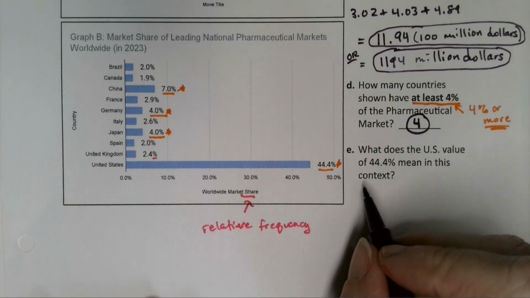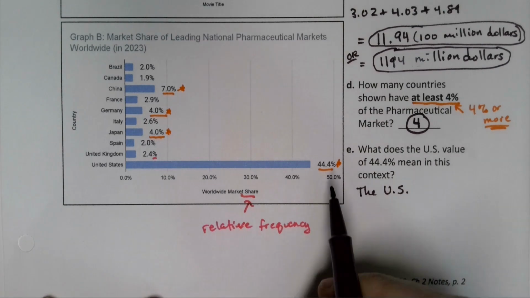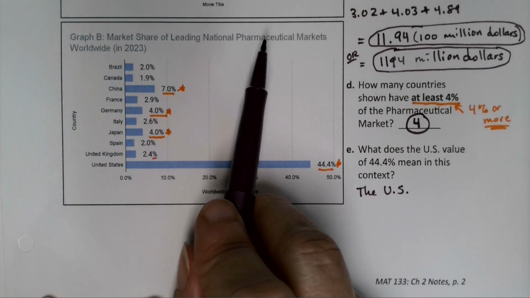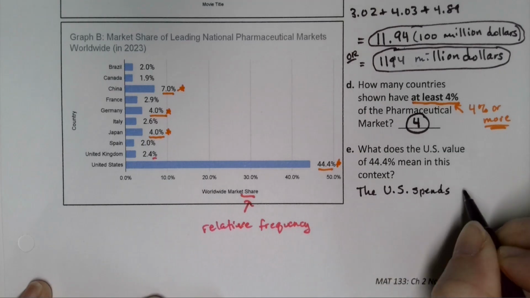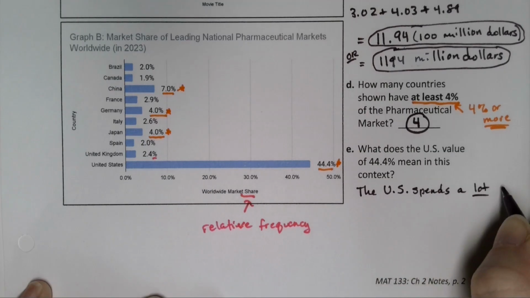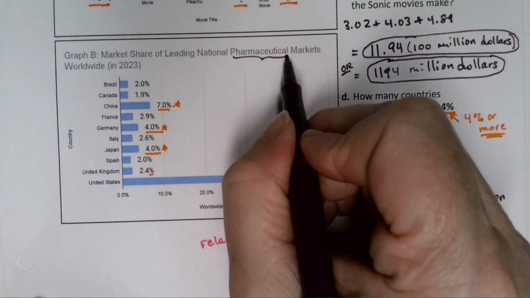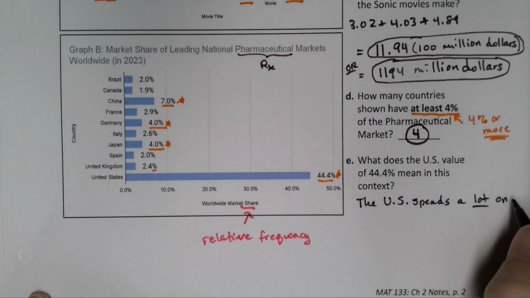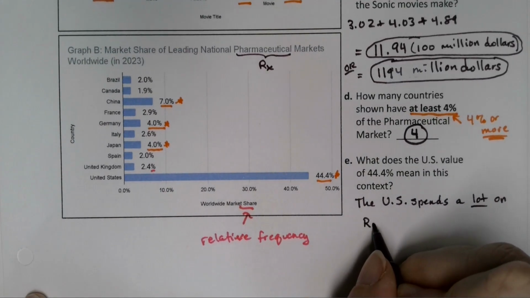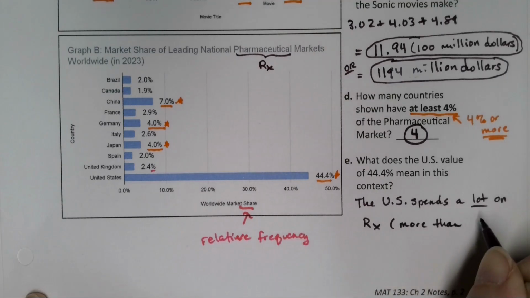So the US spends a lot on prescription drugs, on pharmaceuticals, right? I'm just going to abbreviate pharmaceuticals as RX, right? Prescription drugs. So spends a lot on prescription drugs, more than 4 times the nearest competitor.